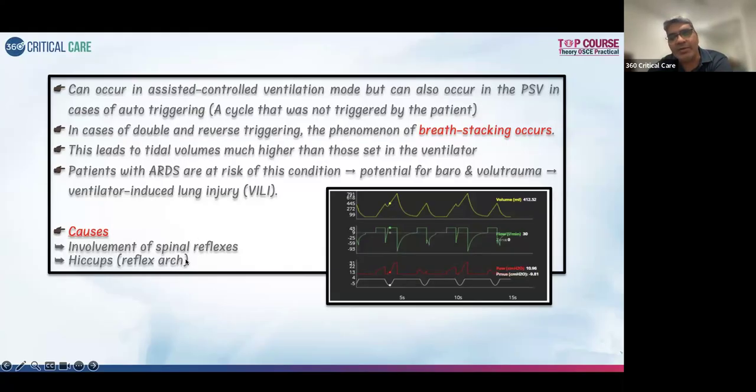It doesn't account for that, but it looks the same, and the pathophysiology is also the same, because hiccups lead to contraction of the diaphragm. So that's again a reflex, which may not be induced by air going into the lung. Hiccups can be due to different things.